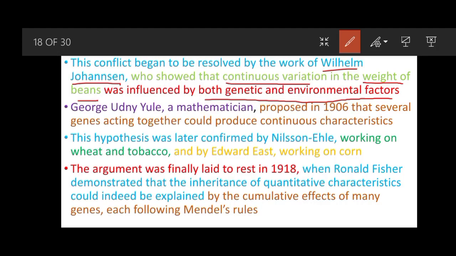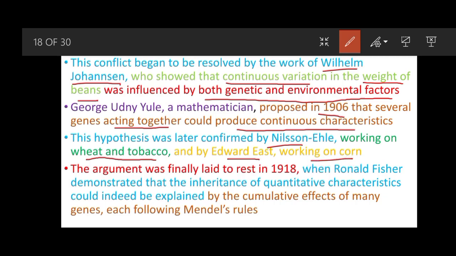George Udny Yule, a mathematician, also proposed in 1906 that several genes acting together could produce continuous characteristics. This hypothesis was later confirmed by Nilsson-Ehle, who was working on wheat and tobacco plants, and by Edward East, who was working on corn plants.